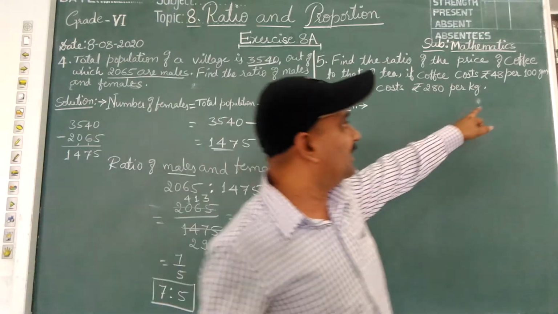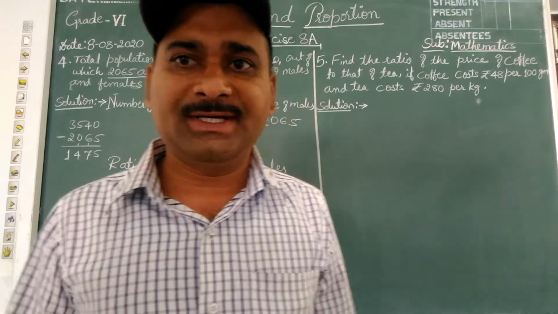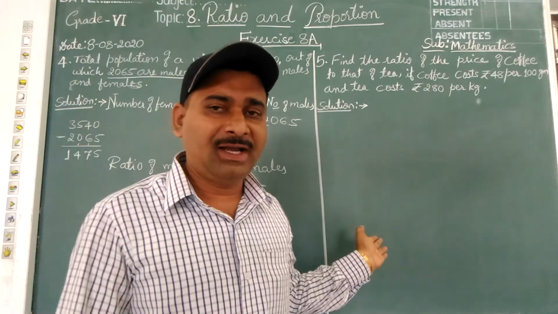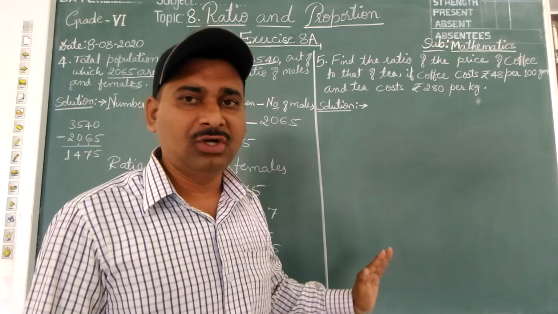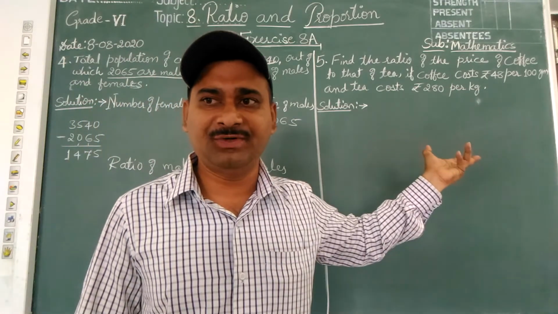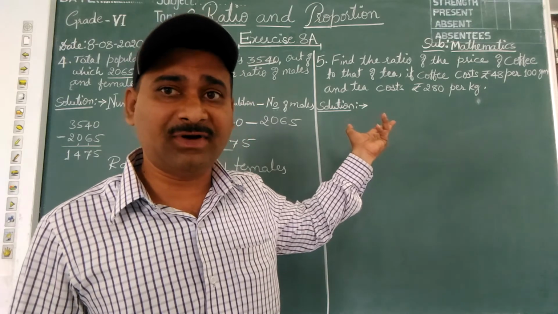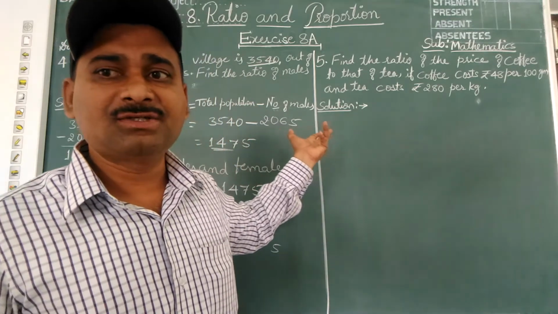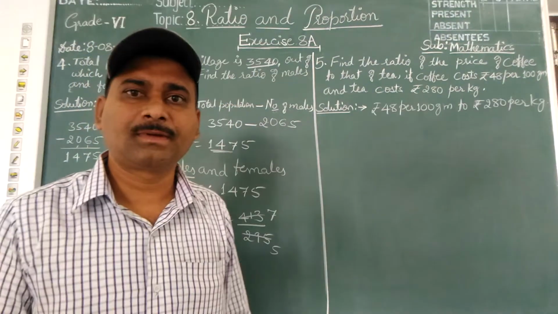One is given in gram, one is given in kg. They are different units. I cannot find ratio directly. So before finding the ratio, I should convert them into same units.